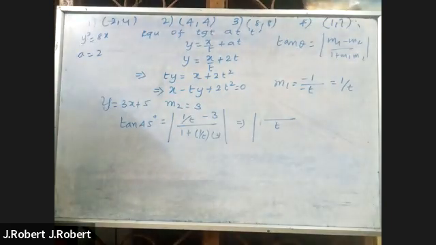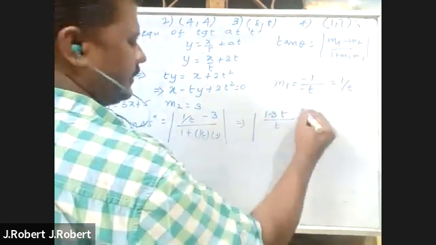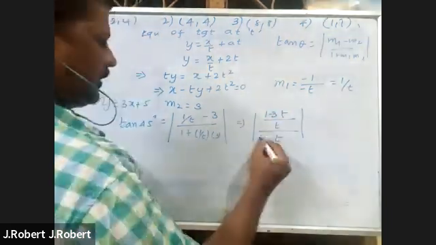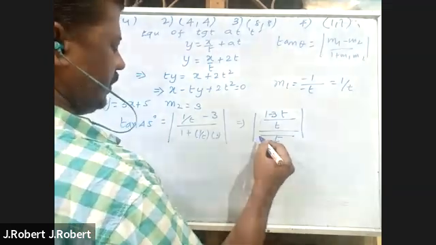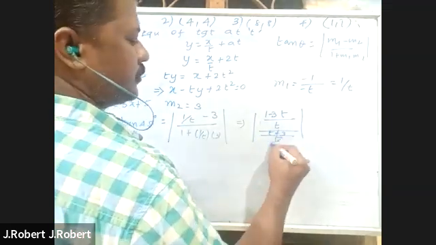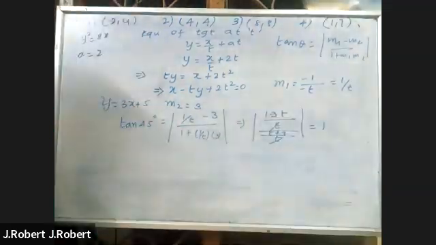I can write this as 1 by t minus 3 by 1, isn't it? So if you take LCM t, we'll get (1 minus 3t) divided by, take LCM t, (t plus 3). So t cancels, which is equal to 1. Cross multiply.